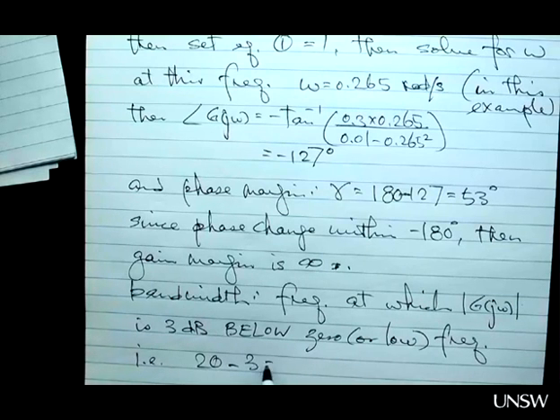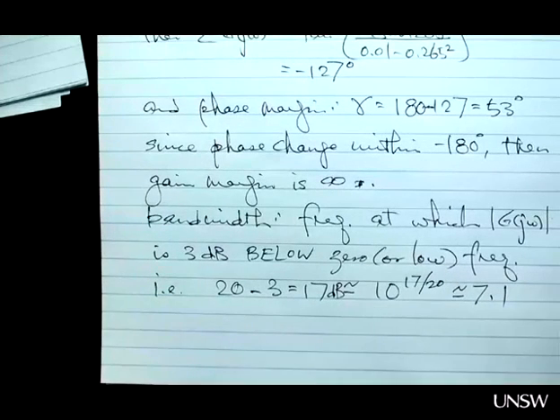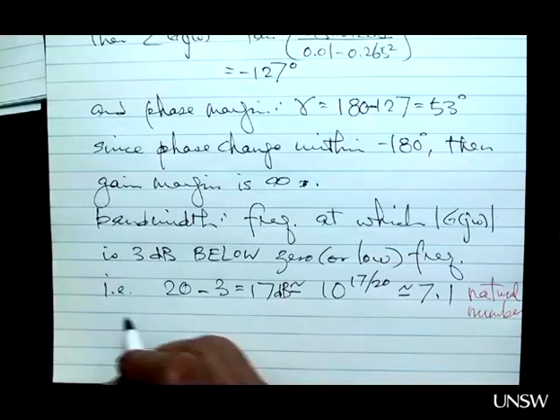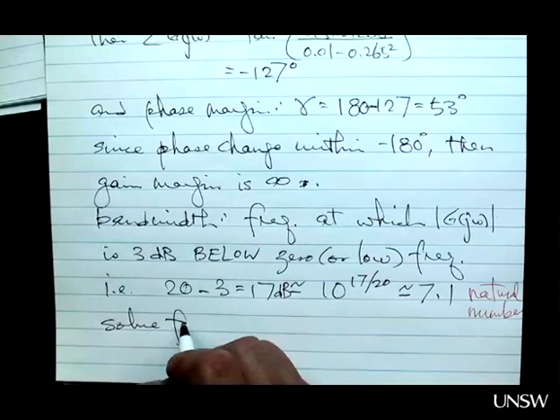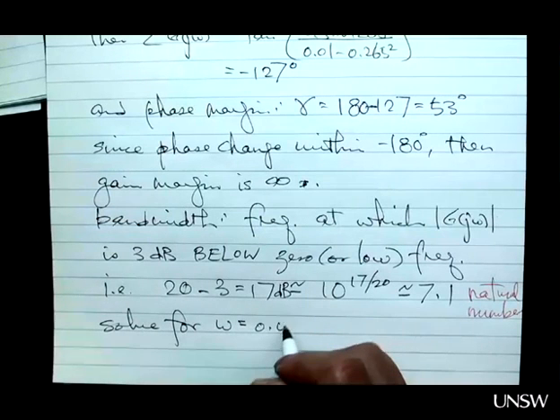So it is equal to 10 to the 17 over 20, so it is also 7.1. So it is all in decibel, so then we convert it to natural number. From there, then we solve for the omega. So in this example, it is 0.0374 radian per second.